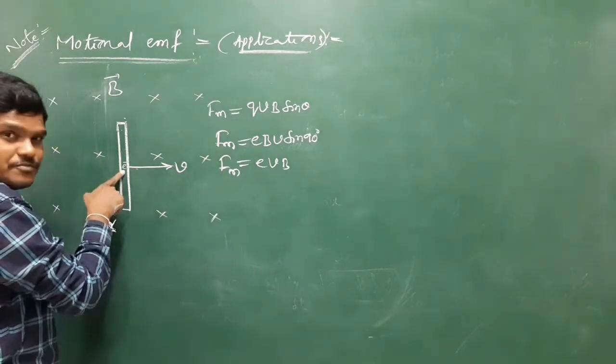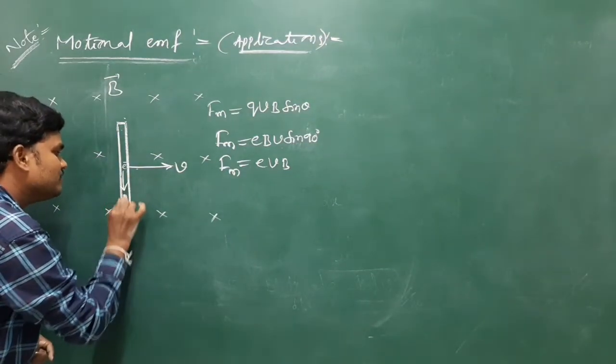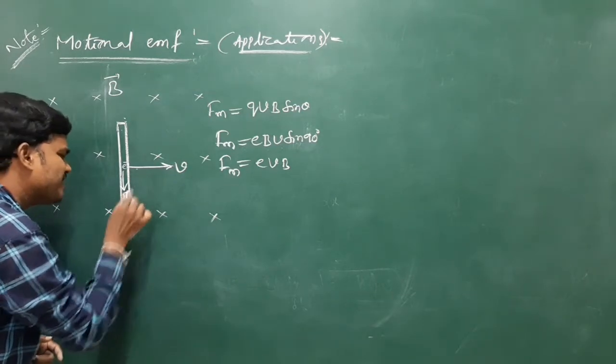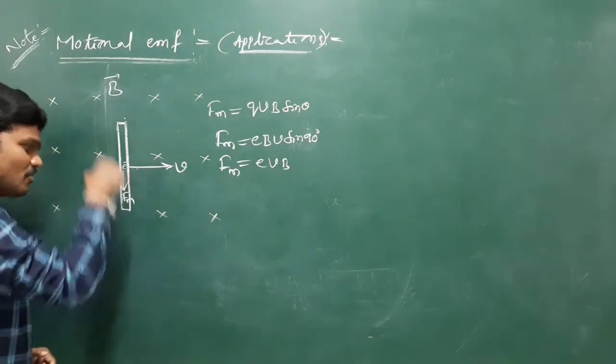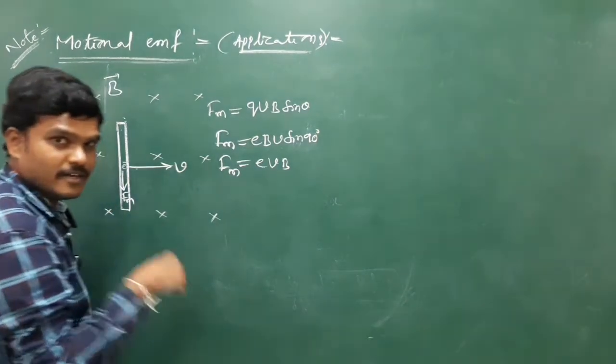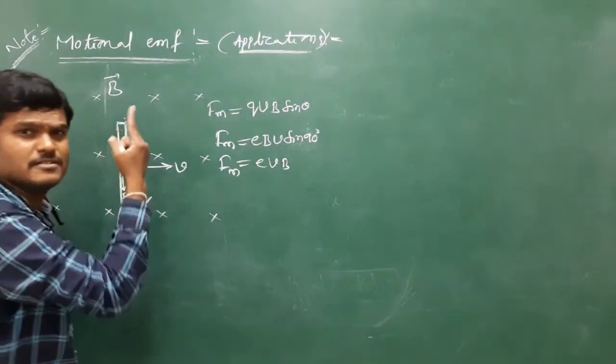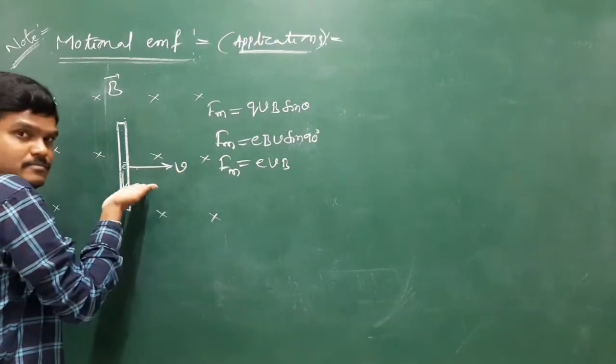But what is the nature of this charge? Negative. So the magnetic force acting on this electron is downwards. If it is a positive charge, the magnetic force is upward by palm rule.